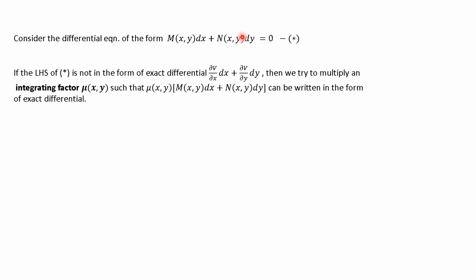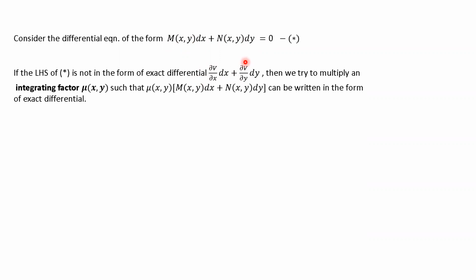However, if this is not satisfied, that means if this equation cannot be written in this form, then last time we didn't mention how to do it.